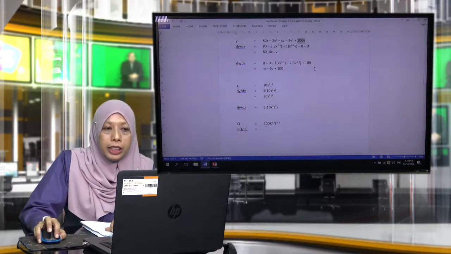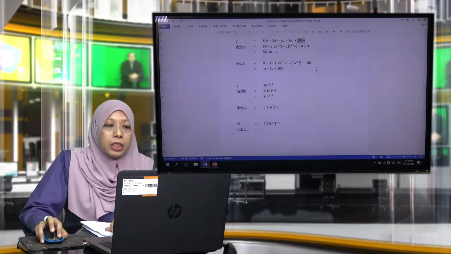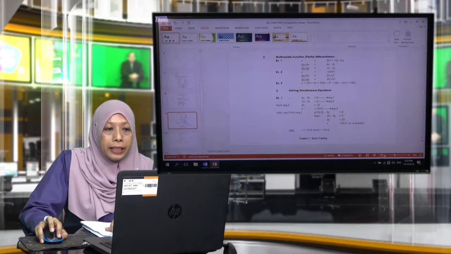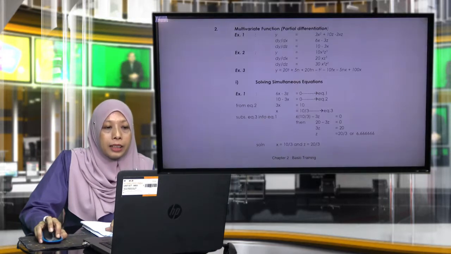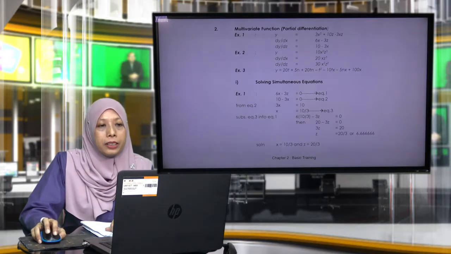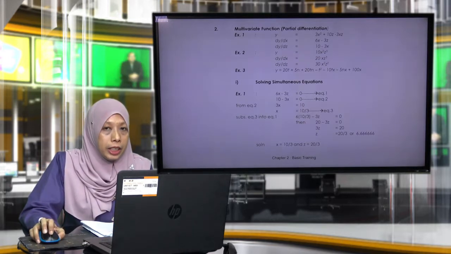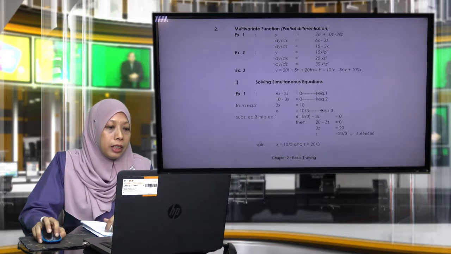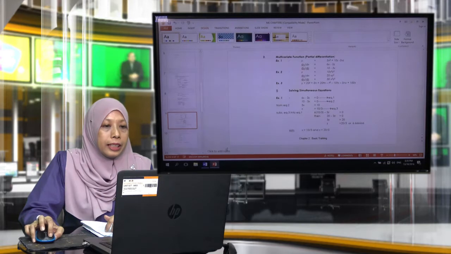So if you differentiate it, you're going to get 100. So if you simplify it, you're going to get negative x minus 6v plus 100. Alright, so that's how you differentiate a multivariate function. Now let us move on to the second example.